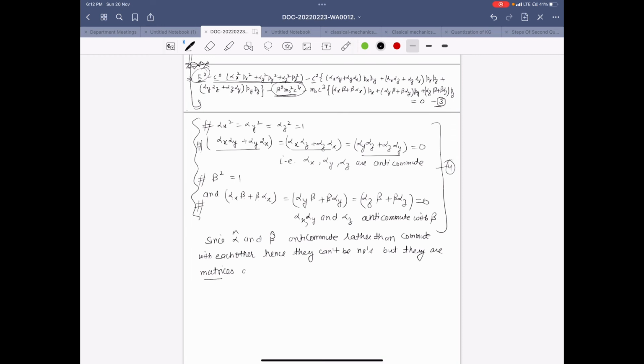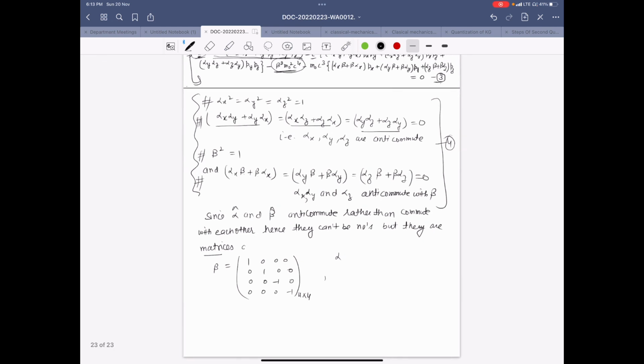To represent these matrices, we assume that beta is 1 0 0 0, 0 1 0 0, 0 0 minus 1 0, 0 0 0 minus 1, a 4 by 4 matrix. Similarly, for alpha x we will have 0 0 0 1, 0 0 1 0, 0 1 0 0, 1 0 0 0. This is your alpha x.